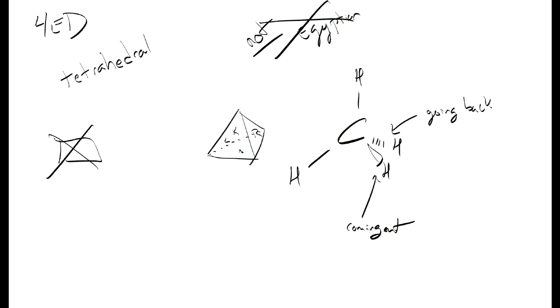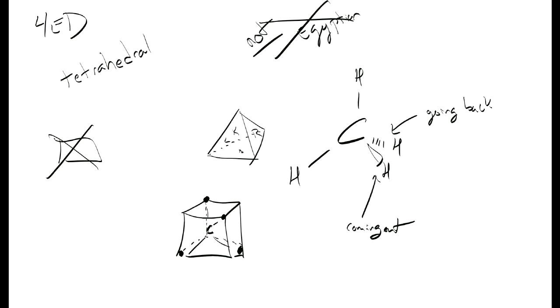Another way to think of a tetrahedron, this isn't perfect, but it might help some of you. So here we have a cube. We have the carbon in the center of the cube, and then we have our hydrogens sort of catty-corner to one another. So that might be another way to help you think of a tetrahedron.